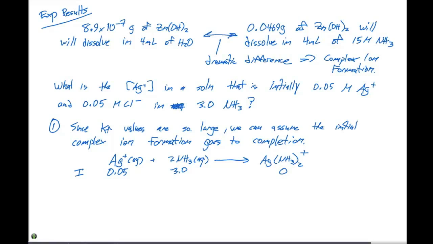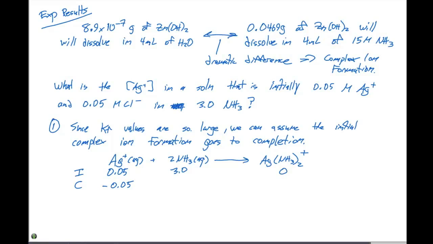If we assume this goes all the way to completion, the change in concentration will be dictated by the limiting reactant. For every silver that reacts, we're going to need 2 ammonias to react with that. So the limiting reactant, since it's a 1-to-2 ratio, is definitely going to be the silver in this case. So the change in concentration is going to be minus 0.05.